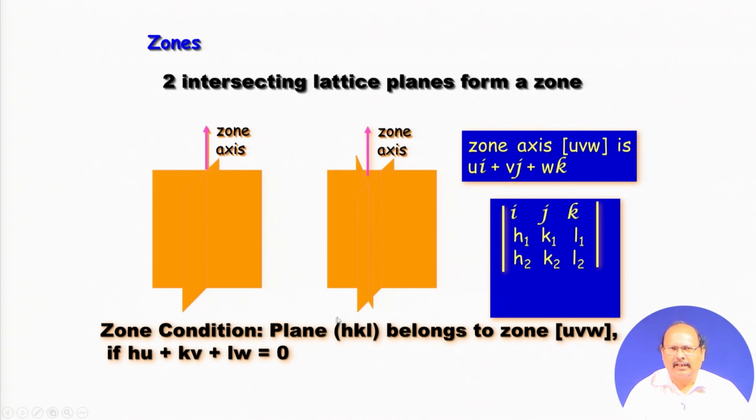If the plane or face has a Miller index symbol of h k l, and if it lies in a zone that is u v w, then the zone condition is that you multiply h with u, add it with k with v, and add it with L and w. So, you have h u plus k v plus L w. If they add up to 0, then we can tell that a particular face lies in a particular zone here.